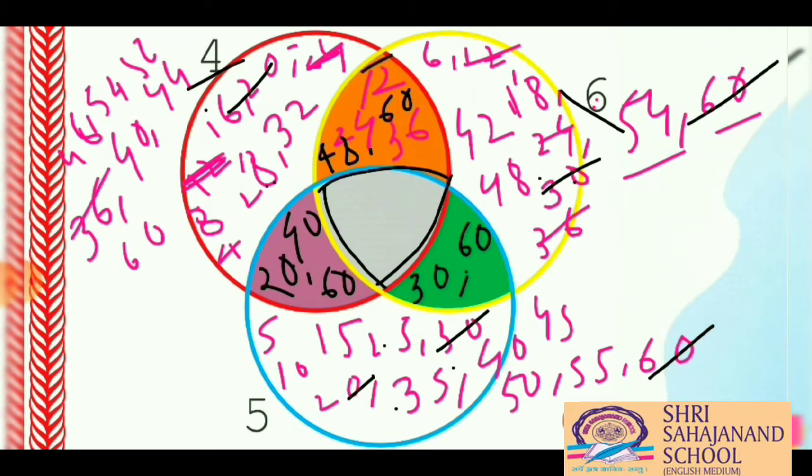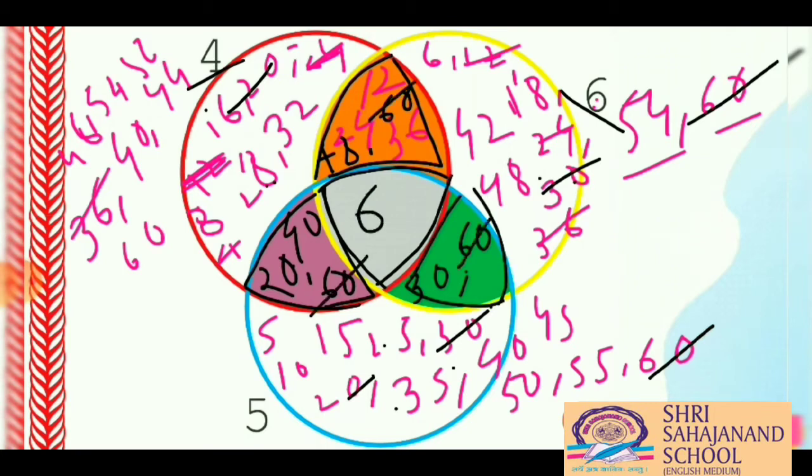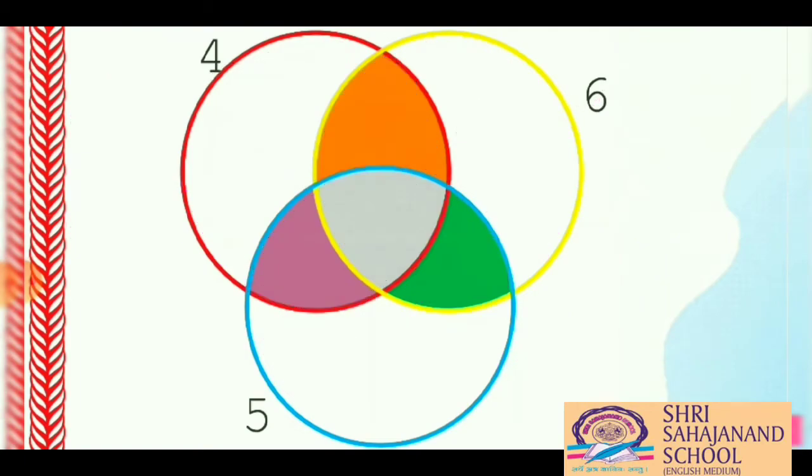So here we have common multiples, you can see, of 4 and 5, 4 and 6, and 5 and 6. So from this part you can find out which number is common among them. So you will find that 60 is common, right? 60 is common. So 60 is the common number of 4, 5 and 6. Clear? Yes, it was a little calculation, but it was very easy.